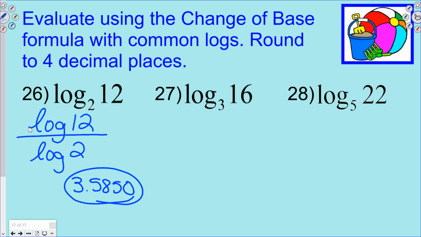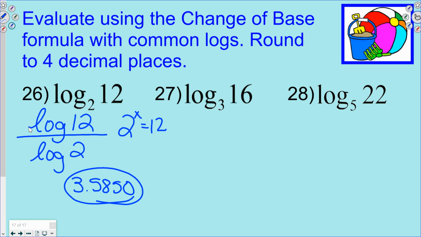Now, real quick before we get going, I know some of you really like to check your answers, right? You're like, I want to make sure I did it right, if it makes sense. So again, you can stop and think, 2 to what power equals 12? But if I type in, hold on, my calculator just went crazy on me. What did I hit? Okay, there we go. If I want to check this, that means 2 to what power equals 12, and I found this.